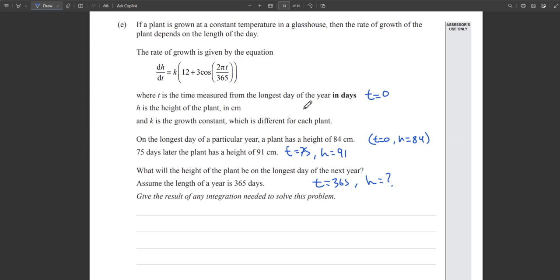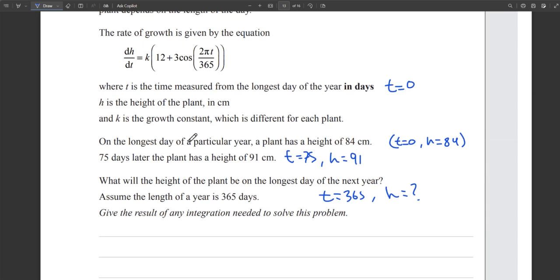Now let's go back to that differential equation. We have a K, which is a growth constant, and we have this trig function in here. So let's go ahead and separate the variables.